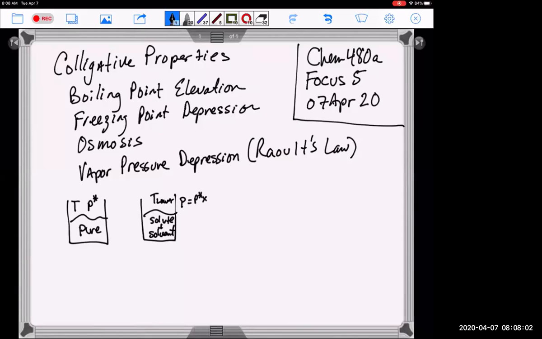This is the lowering of the temperature, the freezing point, but you could also consider the boiling point elevation, because we have to increase the boiling point to get to the exact same balance of chemical potentials.